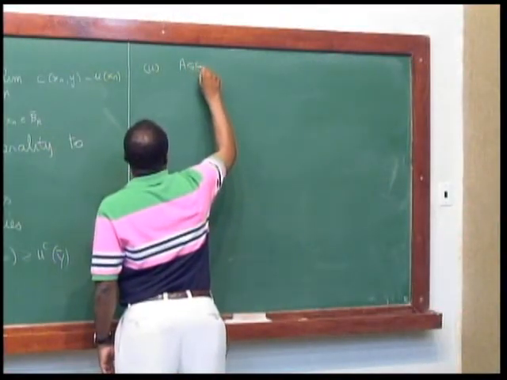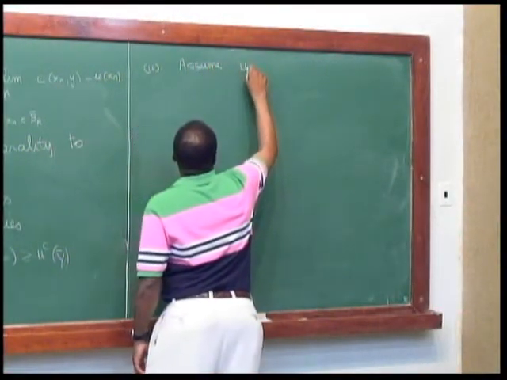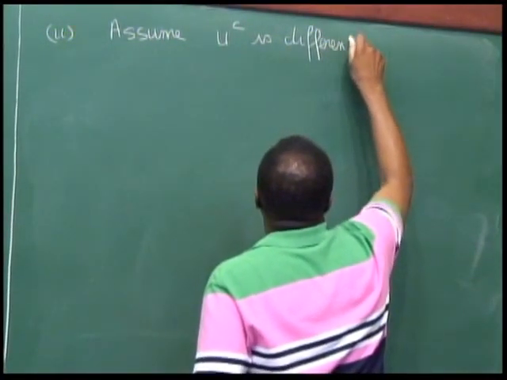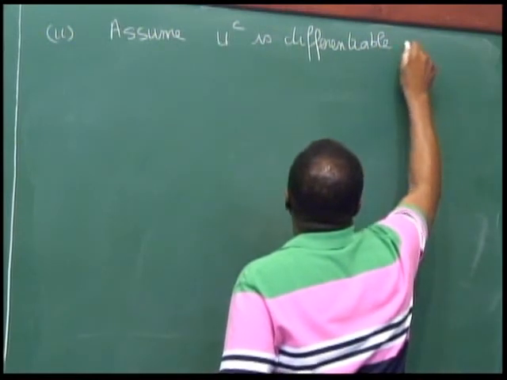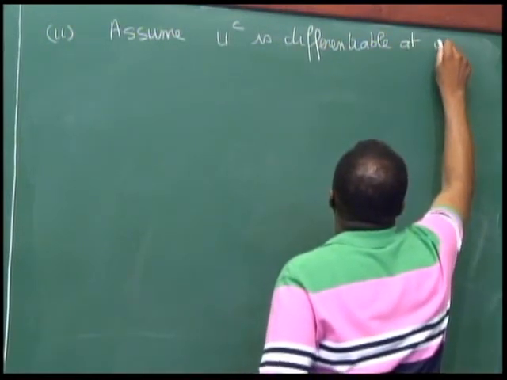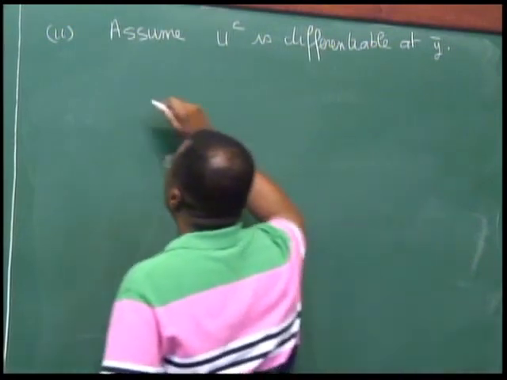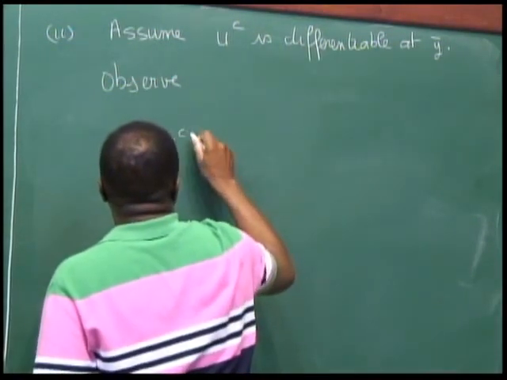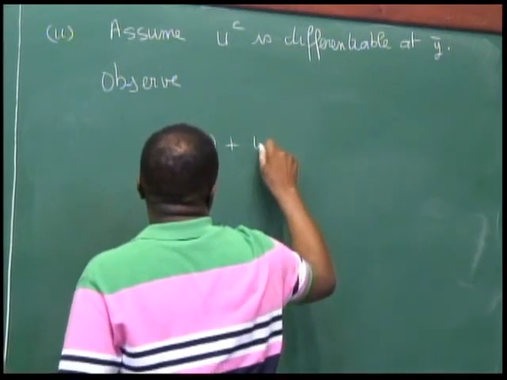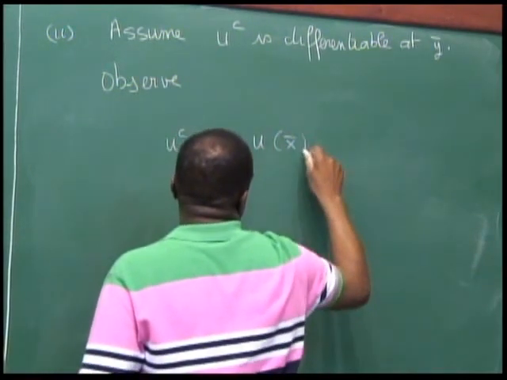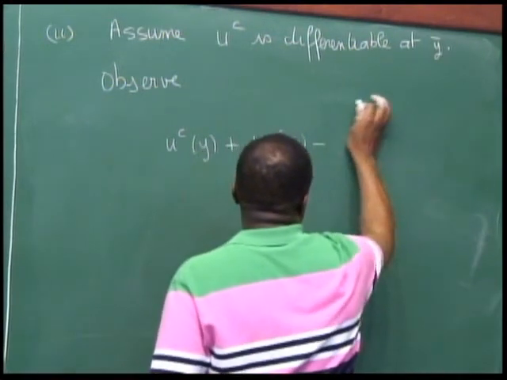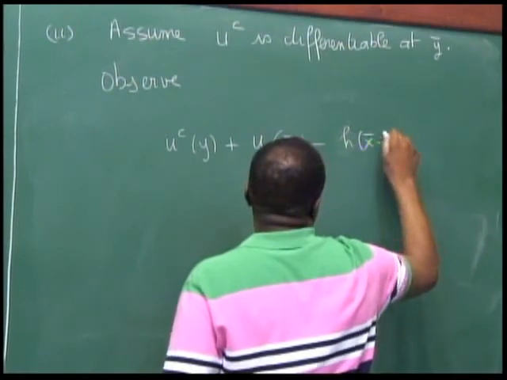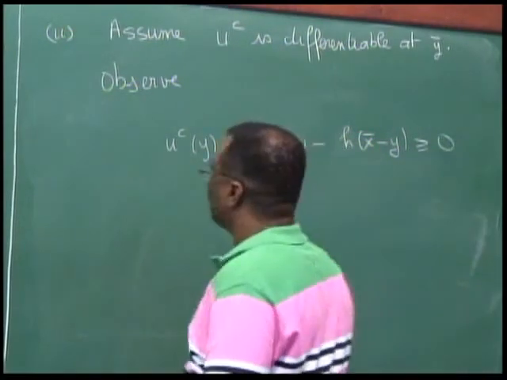Assume UC is differentiable at Y bar. Observe that UC of Y plus U of S bar minus C H of S bar minus Y is less than or equal to 0.